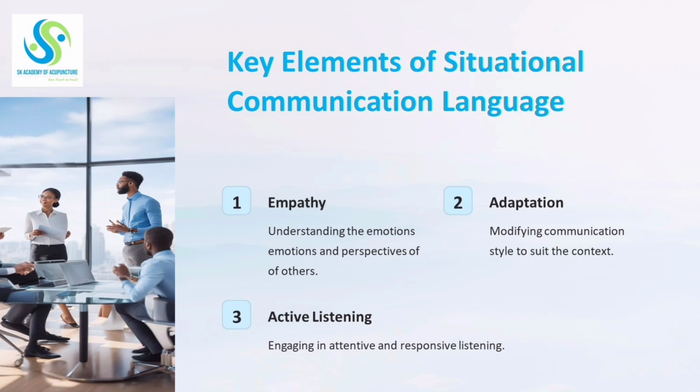The message differs based on the context and the age. So effective situational communication involves understanding your audience, choosing appropriate words and tones, and adjusting your message based on the context. It's about being flexible and responsive in your communication style.